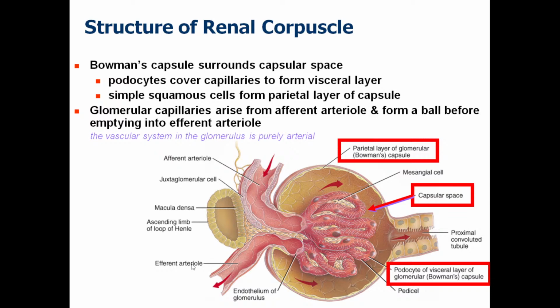And glomerular capillaries arise from the afferent arteriole. As you can see, its diameter is wider, as we've mentioned, and it will form a capillary meshwork of the glomerulus before emptying into the efferent arteriole. And one more specific feature of the renal corpuscle is that the vascular system in the glomerulus is purely arterial.